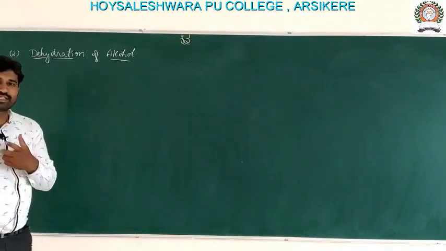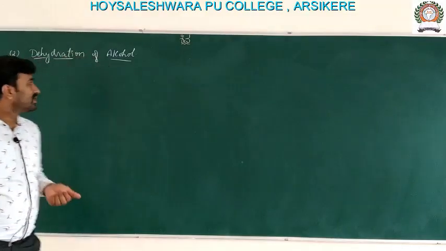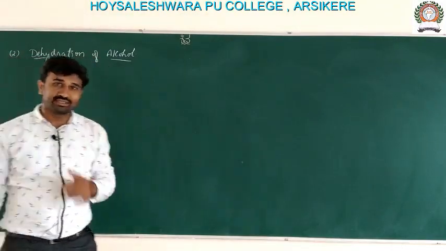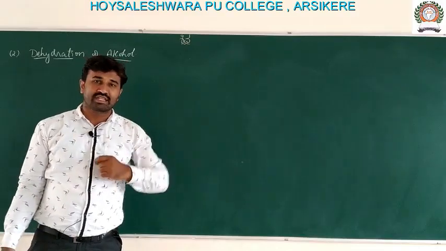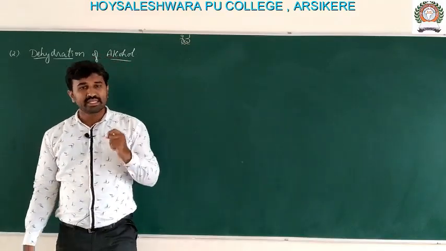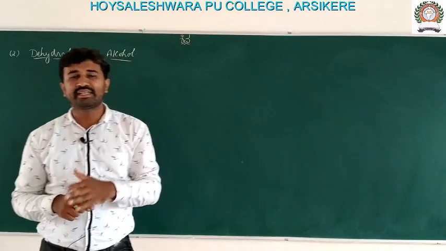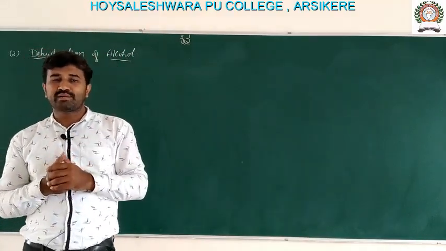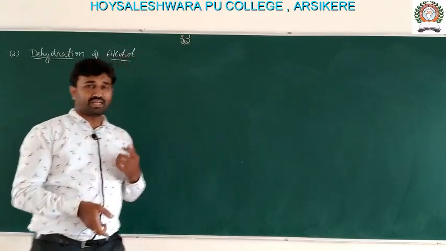The next method of preparation of ethers is from the dehydration of alcohols. We discussed in the introduction class that ethers are also called anhydrides of alcohols, which means ethers can be obtained by the dehydration of alcohols.